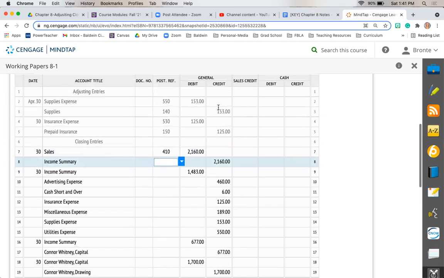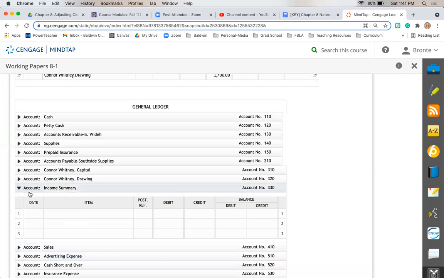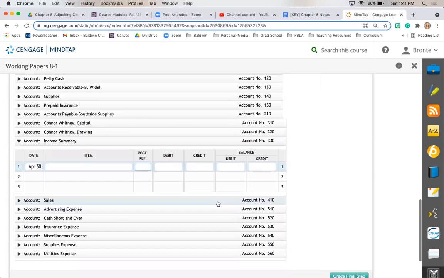Next, income summary is getting a credit of 2,160. April 30th. Post ref. Page 8. And it is getting a credit of 2,160.